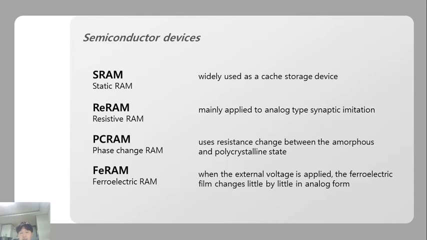This is mainly used as a non-volatile memory due to the change in resistance by applying an external voltage pulse. There is also a phase change RAM. This corresponds to a non-volatile memory device that uses resistance change between the amorphous and polycrystalline state of a material through an external voltage pulse.